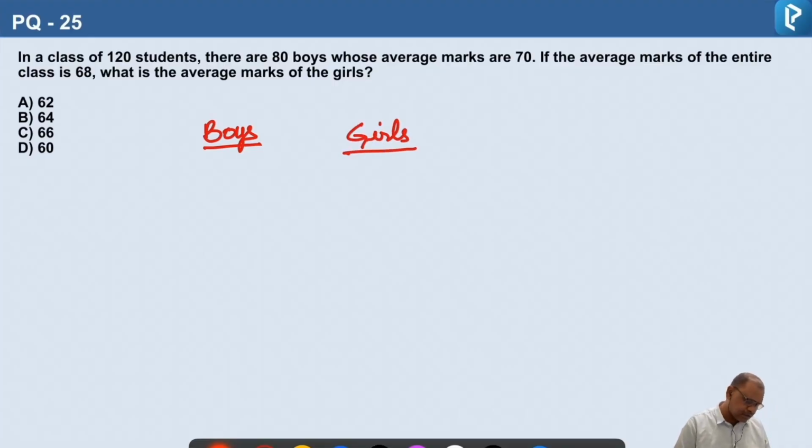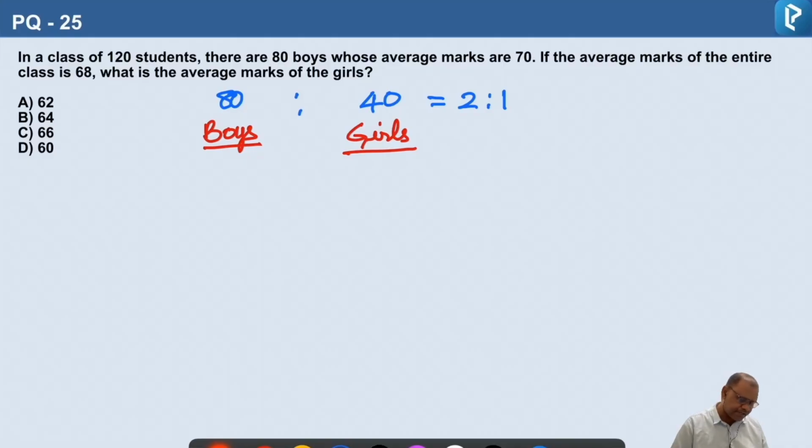Total there are 120 students, 80 boys are there, so remaining 40 girls. So the ratio of boys and girls is 80 is to 40, that is 2 is to 1.